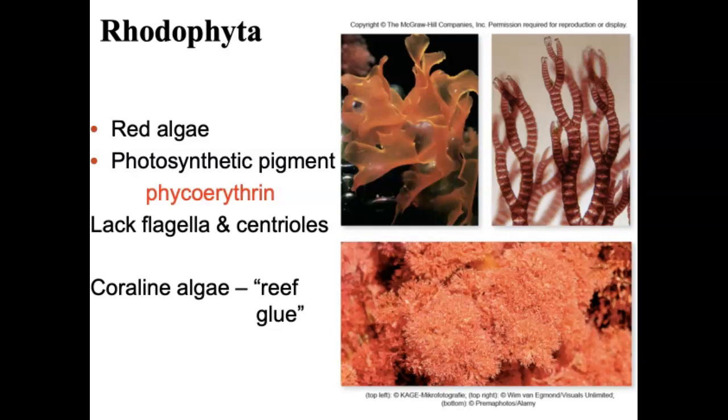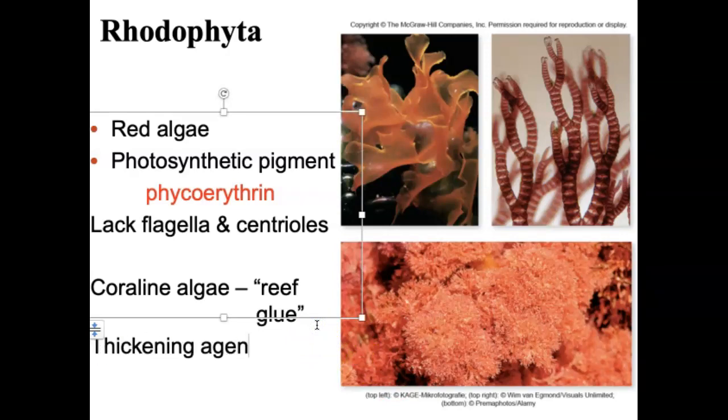Other important features of the coralline algae: it can be turned into a thickening agent for things like ice cream, cosmetics, agar.